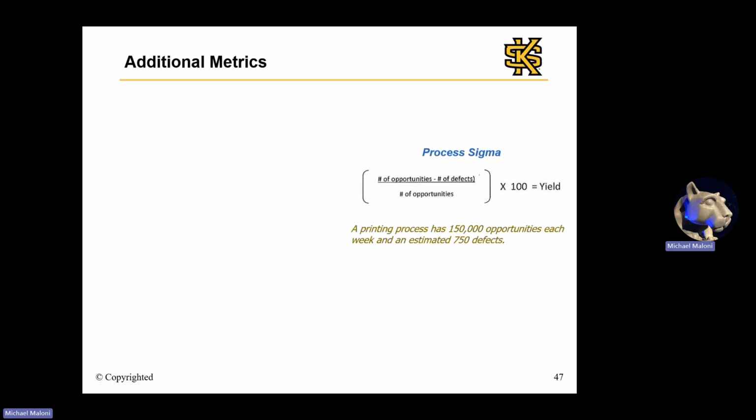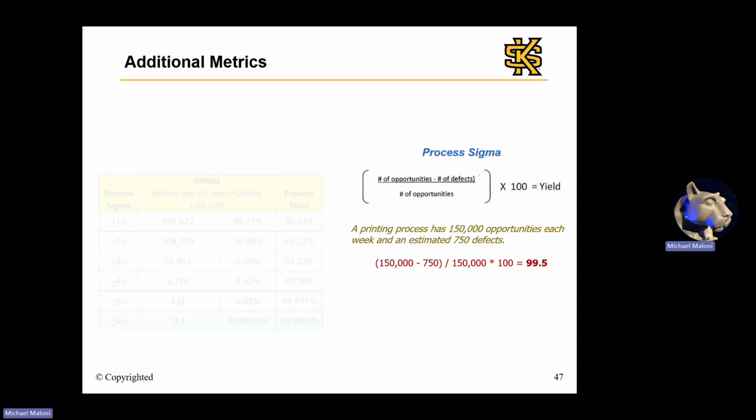The calculation is 150,000 minus the 750 defects divided by 150,000 times 100, and the answer is 99.5. That means the process produces an estimated 99.5% process yield. 99.5% not defective.